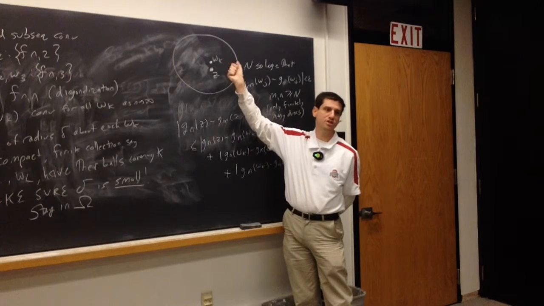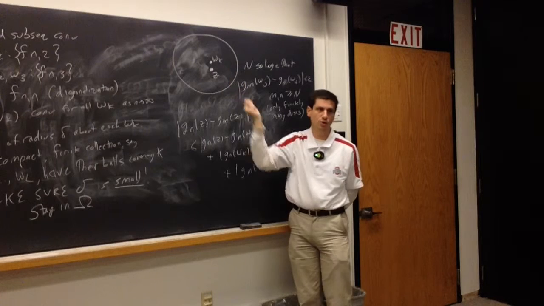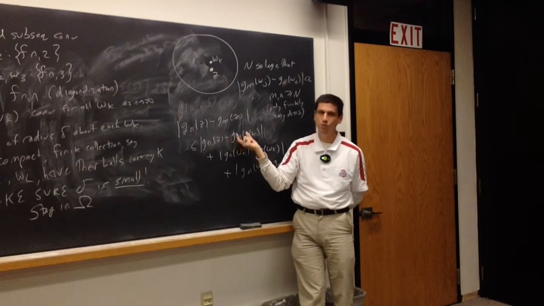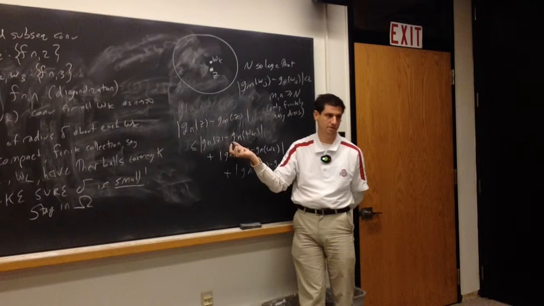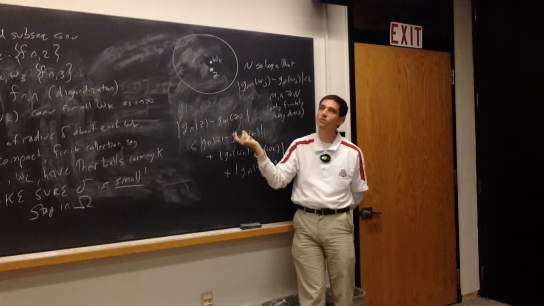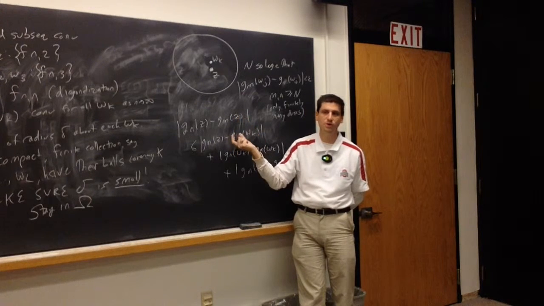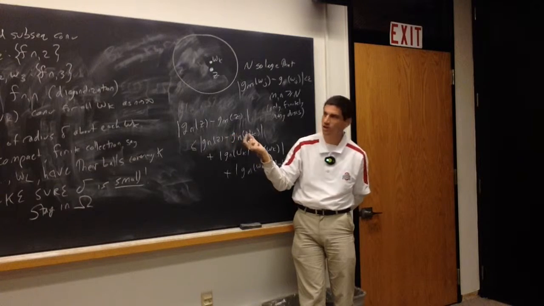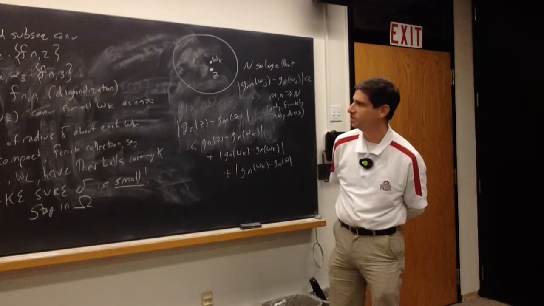The radius of these balls is delta. So by equicontinuity, we have these wonderful bounds that only depend on the compact set K. So we can make this sufficiently small. Now, the compact set is actually going to be a little bit inflated, but it will still be within omega. All right, so this finishes the proof of Montel 2.